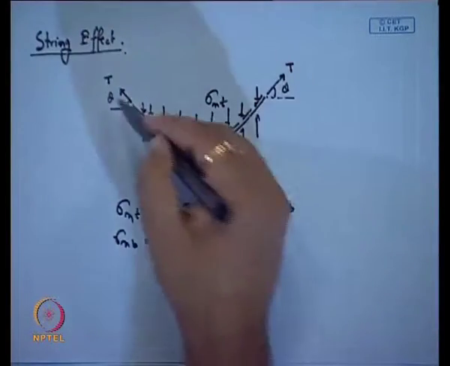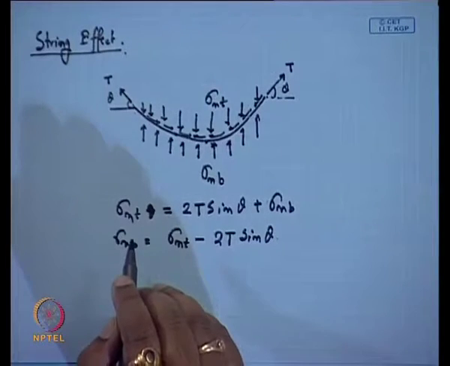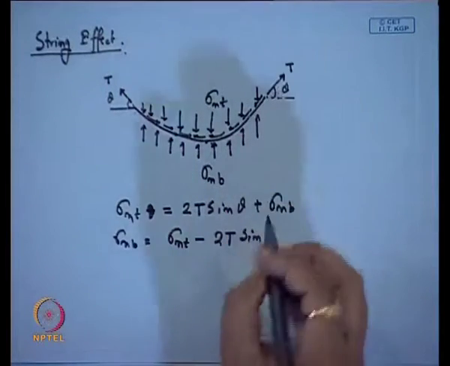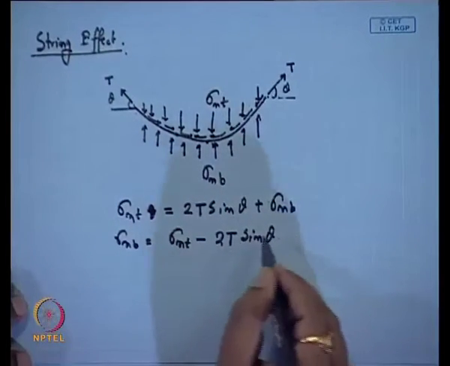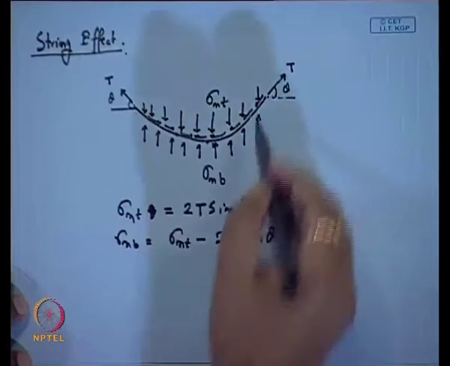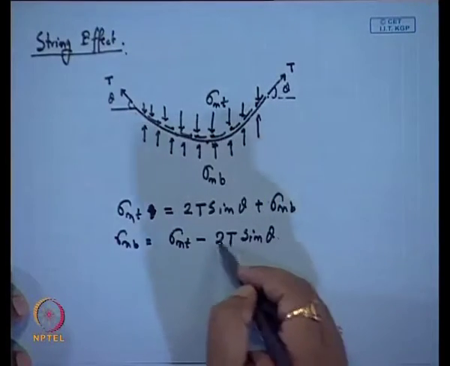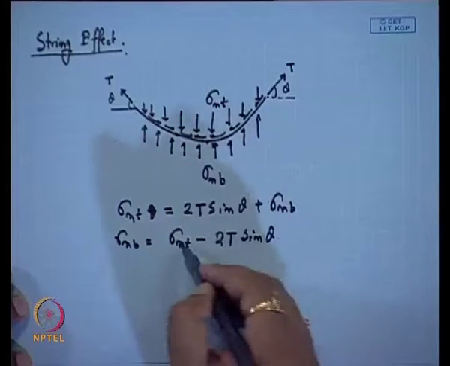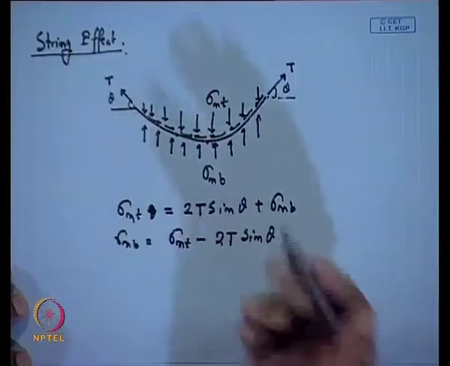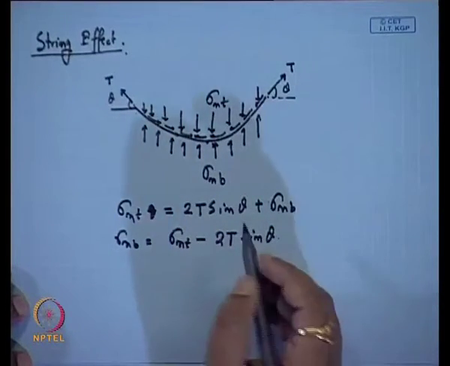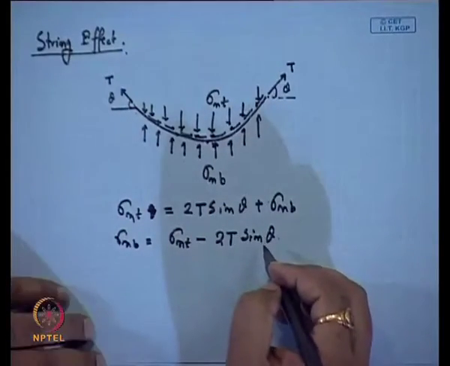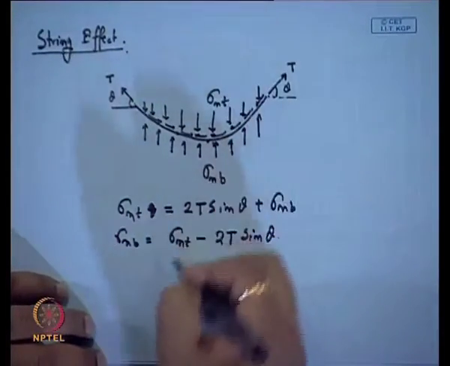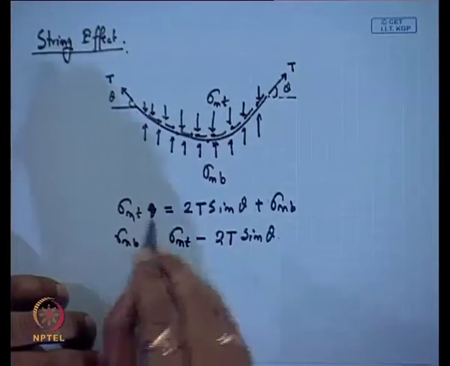This is because of this string action or membrane action. Here we can see this is sin theta. Now, if there is no deformation, theta is 0, then sigma n b is equal to sigma n t. But when there is sufficient deformation, the stress in the lower region will reduce.